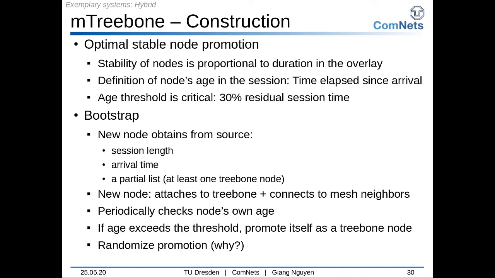Using those, it will connect to the mesh partners and then request the packets. And then periodically, mTreebone will check the age of each of the partners, and then promote those peers, and peers promote themselves, as stable peers.